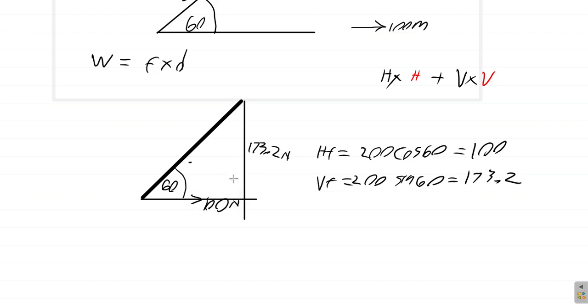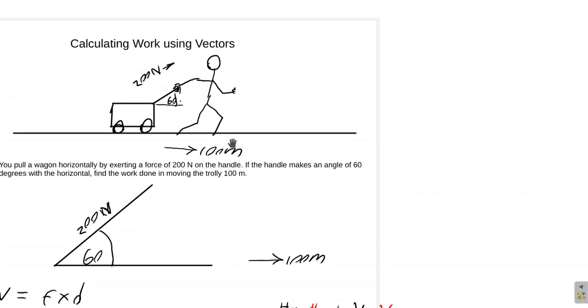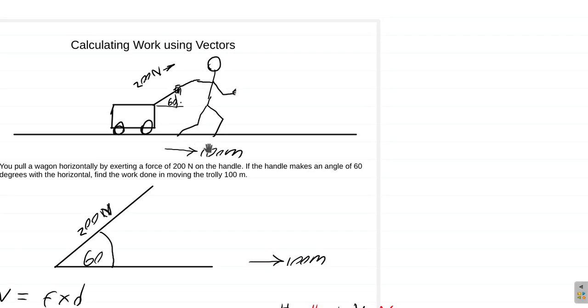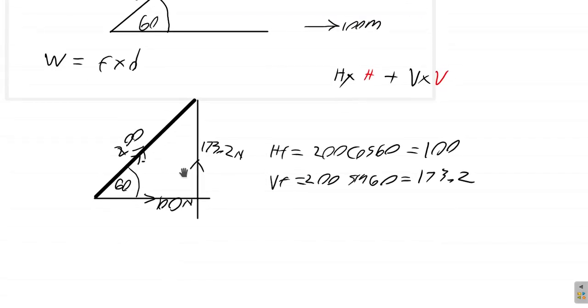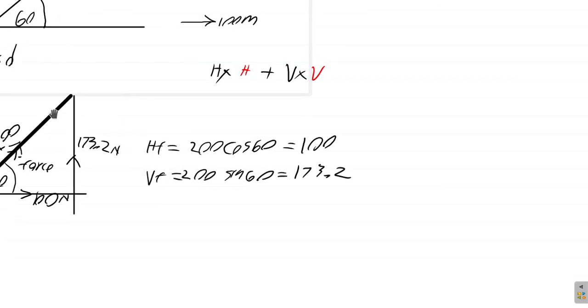Alright, so this going this way and this way. Since they are vectors, we draw the arrows on them. Now, the thing is, the distance vector now. So, remember, this is for the force. What about the distance? Let's put the distance out here.